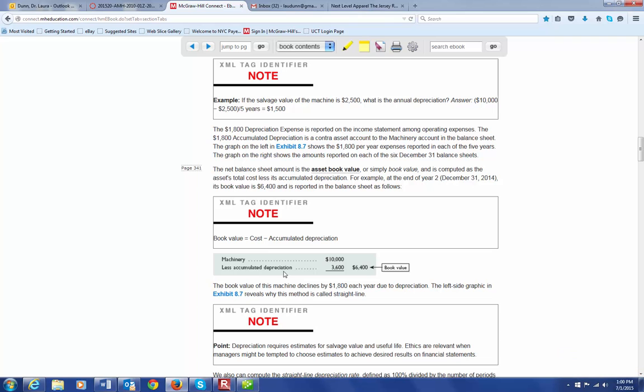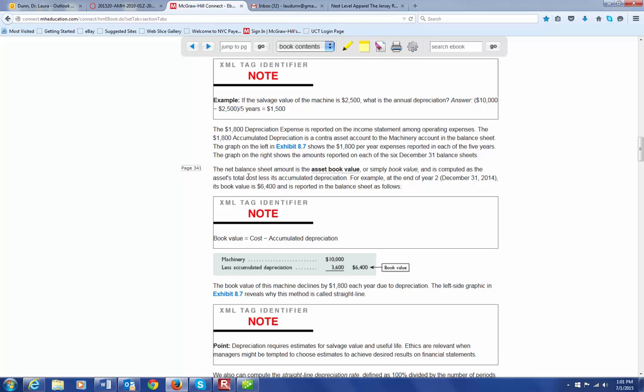And you may have an accumulated depreciation account for each of your plant assets or for each category of plant assets. So you might have accumulated depreciation machinery, accumulated depreciation buildings, but it's a contra asset account, so it reduces the value of your asset. So the entry here would be a debit to depreciation expense and a credit to accumulated depreciation.